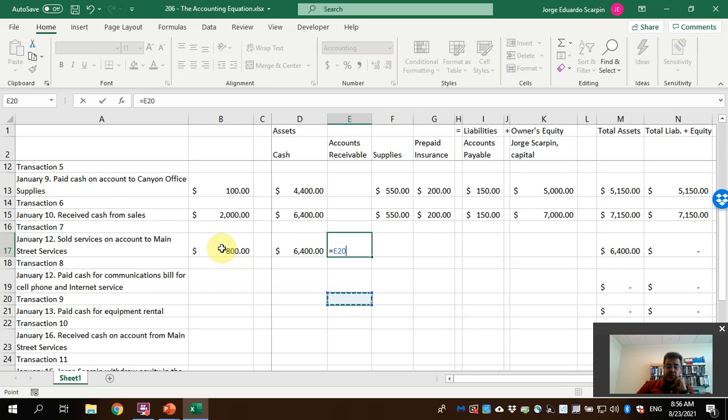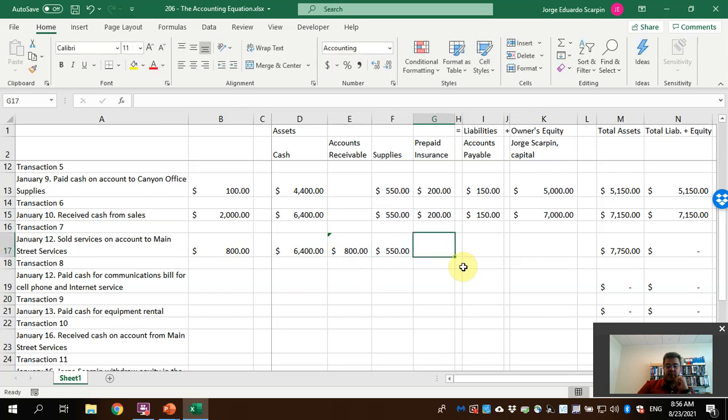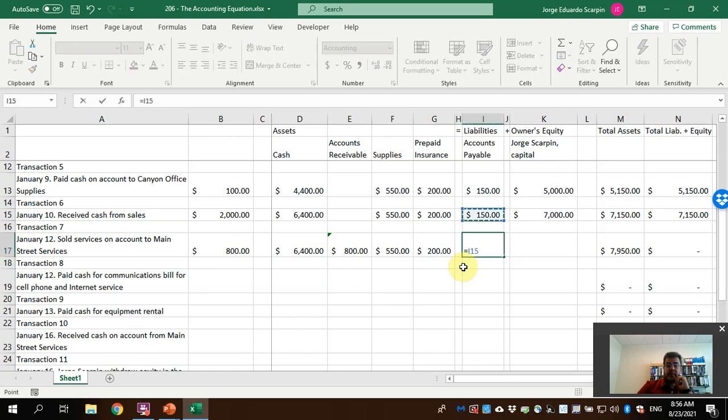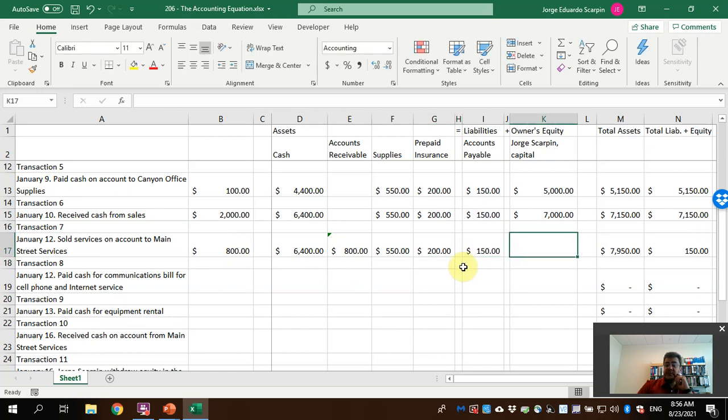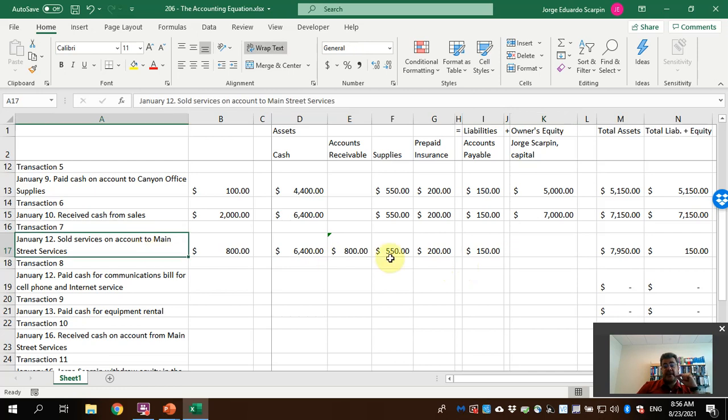So accounts receivable, $800. Everything else remains the same, so equal to the row above. But what about owner's equity? It is increasing our owner's equity. We are selling services here.